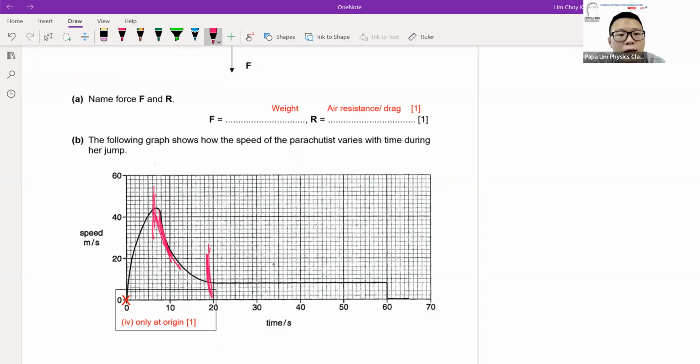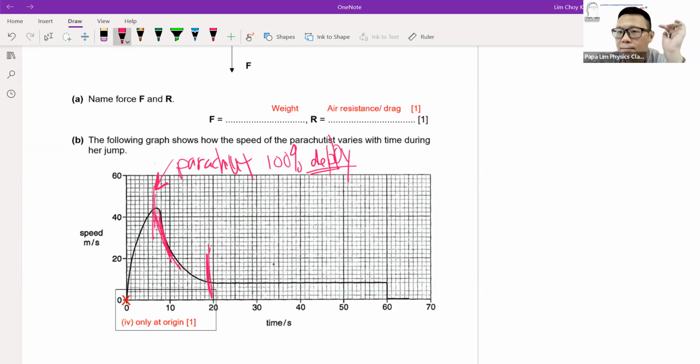The moment the speed starts decreasing at this point, means your parachute is 100% deployed. Okay, if not, you won't be able to reduce the speed. So the instant you see a drop in speed, the only reason you have is only one thing: the parachute has been deployed completely.